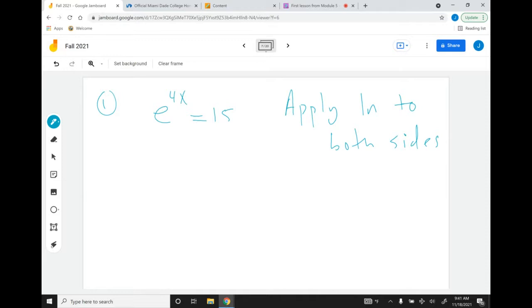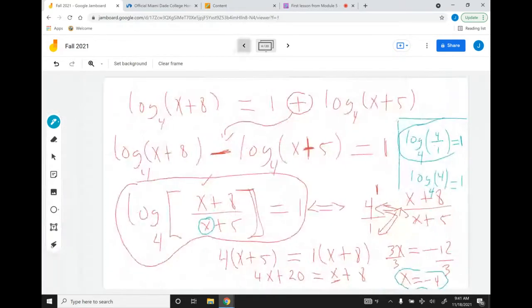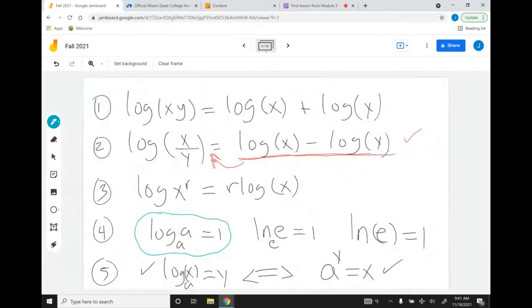The reason why we're going to apply ln and not log, in some cases you could apply logs and it will be the same. You could apply log here, it doesn't matter, as long as you do it to both sides. But the reason why I want to apply logs to both sides, I'm going to go back to the very beginning and show you.